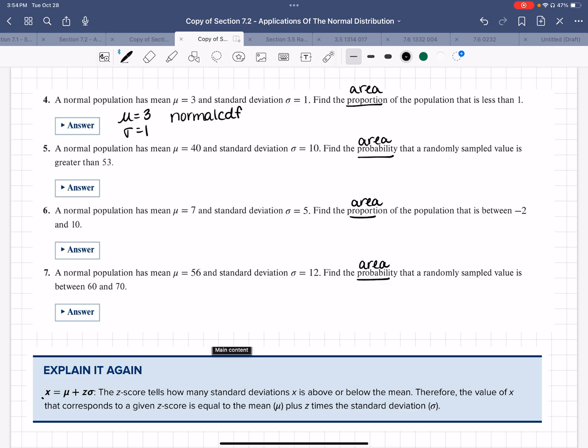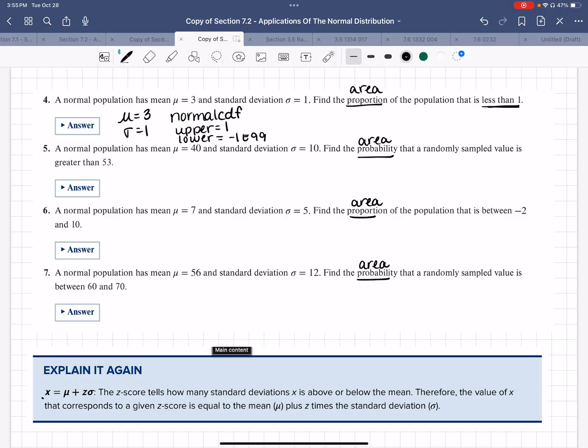When it says this is less than 1, I'm coming from the negative up to 1. So that means that my upper equals 1. My lower is going to be that negative 1e to the 99.